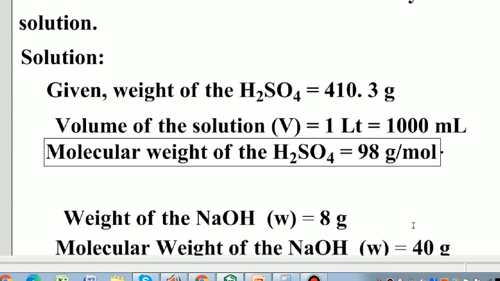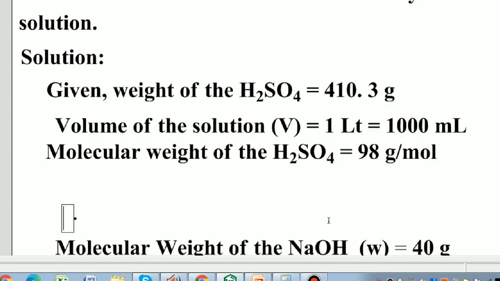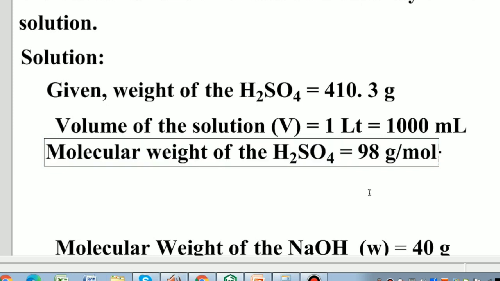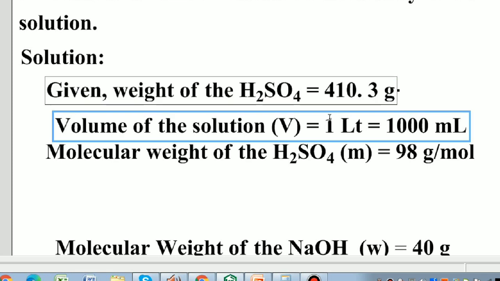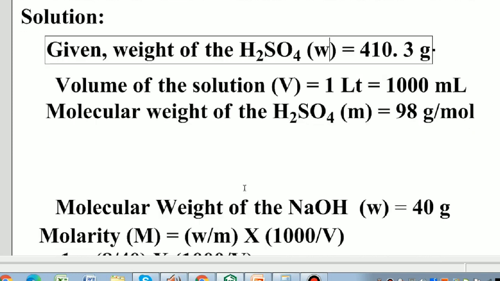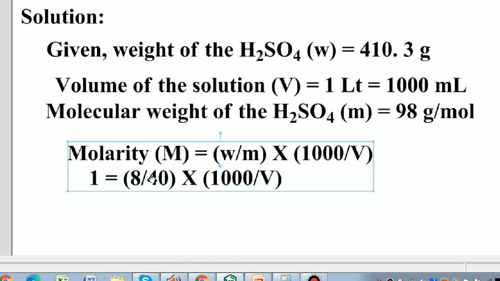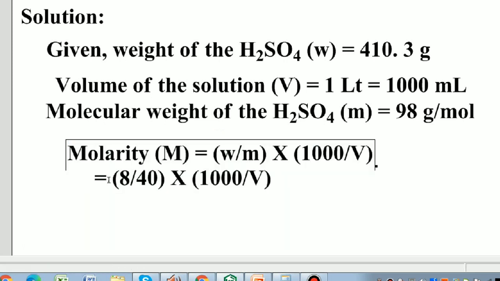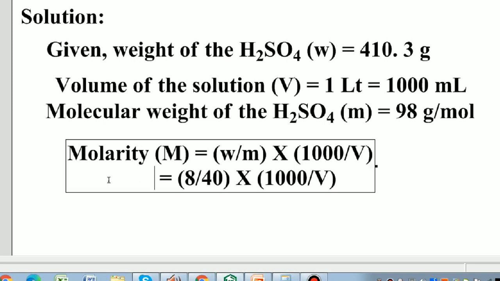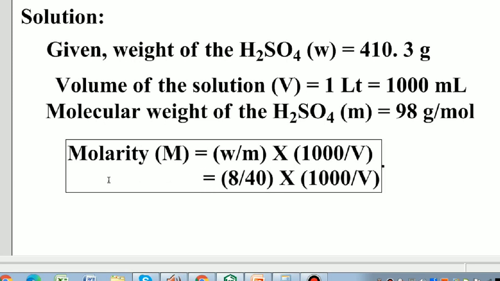So students, we know the weight of the H2SO4, small w, is 410.3 grams, and the molecular weight of H2SO4 is 98 grams per mole. Now the molarity, we know that molarity is equal to weight by molecular weight into 1000 by V. Here the weight is 410.3 grams.